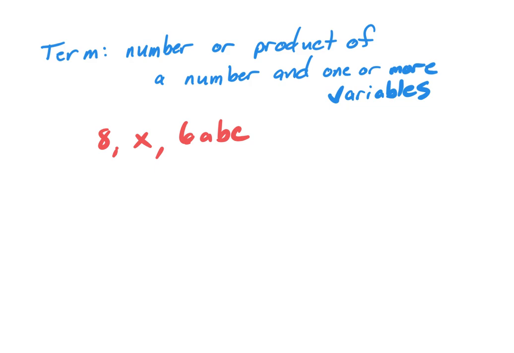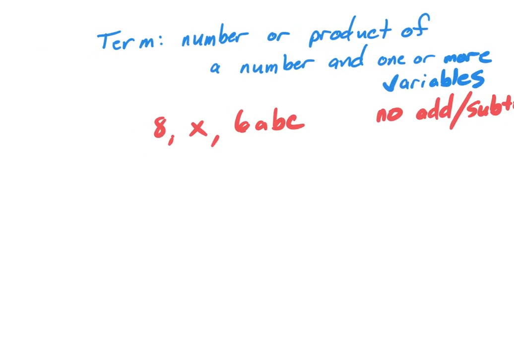And so you might add to your definition that you cannot do any addition or subtraction. Multiplication is the only, and it would be okay to have division here too.